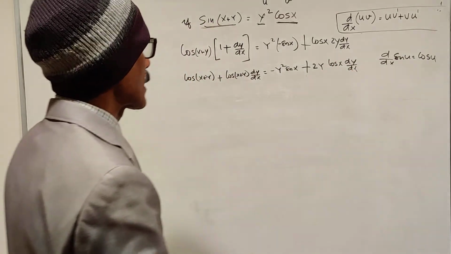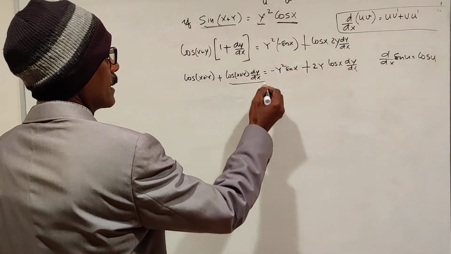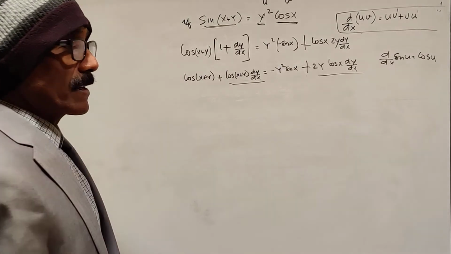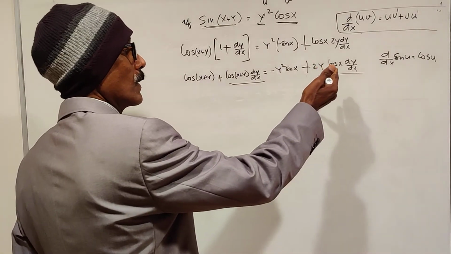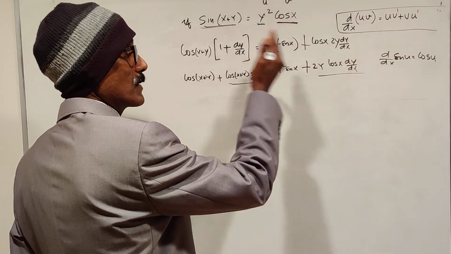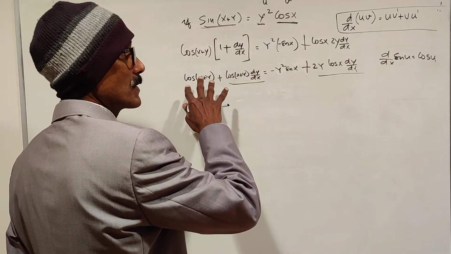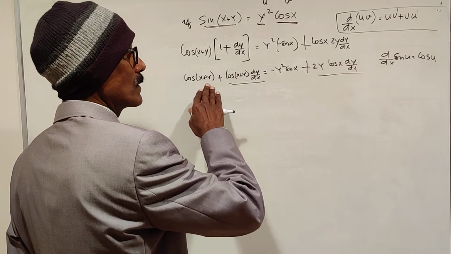See, dy by dx is here and dy by dx is there also, right? So what is the next step? Bring all the terms containing dy by dx together. The terms not containing dy by dx go to the other side.